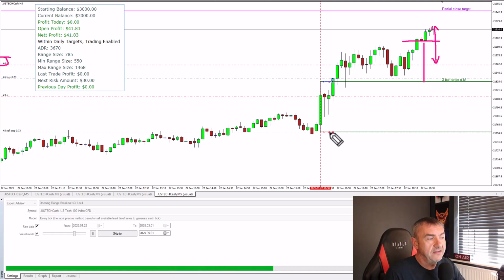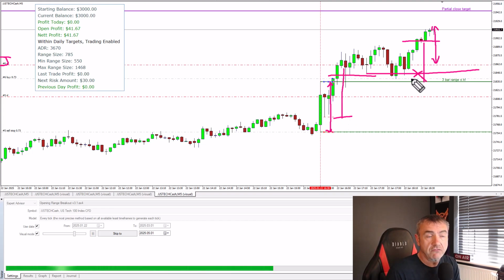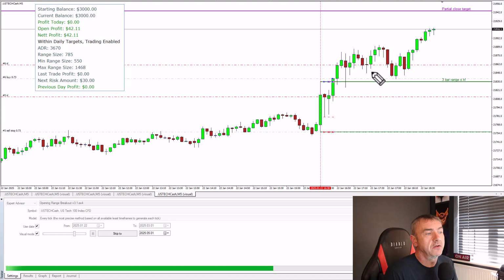So when the market in this case has pushed the same distance as roughly where the stop loss was initially, which is here, it will automatically drag that stop loss up to protect your risk and give you a risk-free trade. Obviously, the danger in this is now that this comes down, collapses, stops me out, and then pushes on to target. But that's a risk you take with trailing stops always, isn't it? But there's a trailing stop loss, and you can see that kicking in.